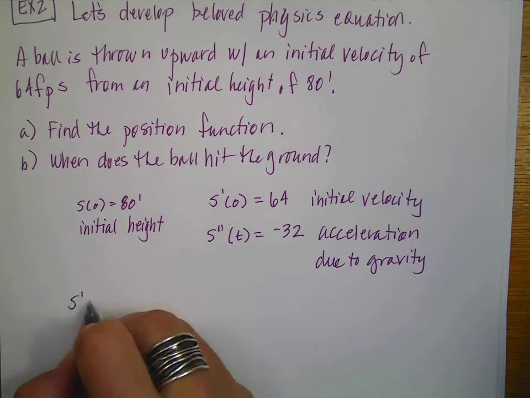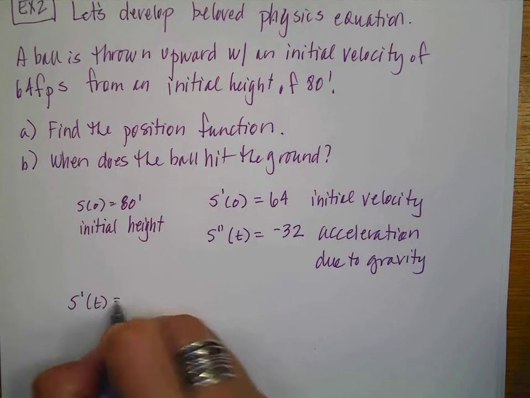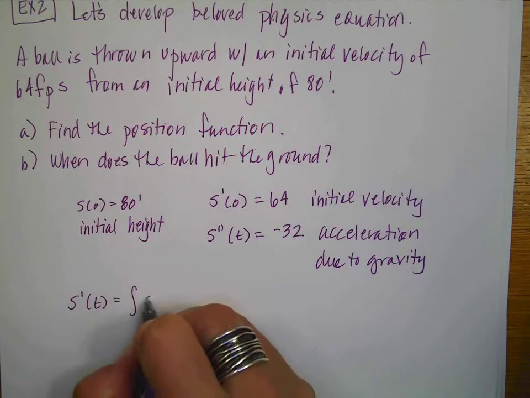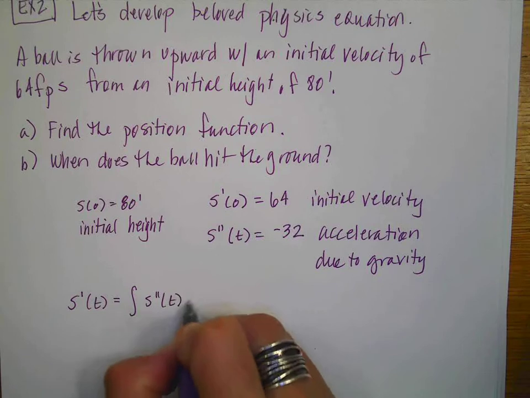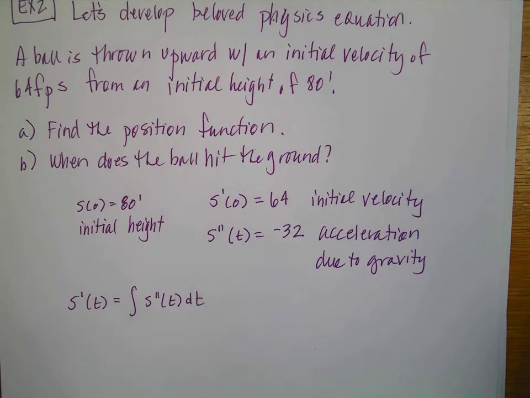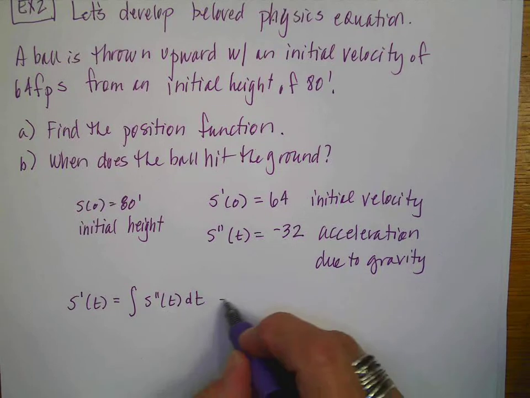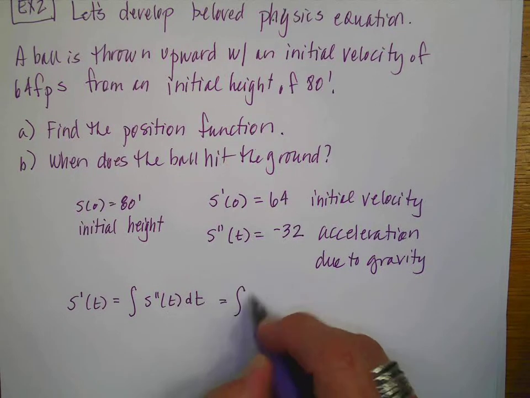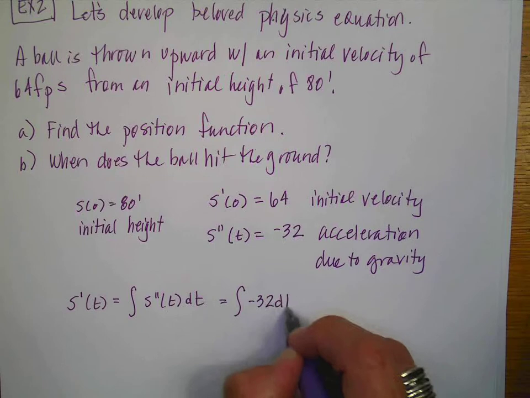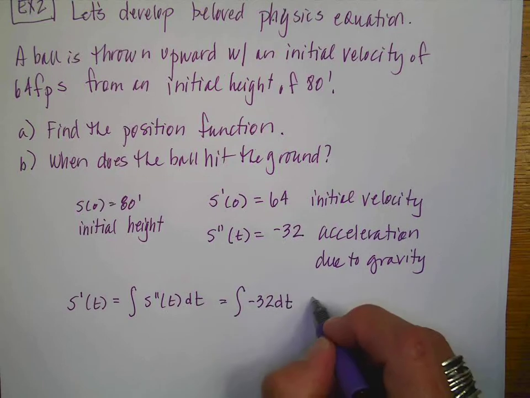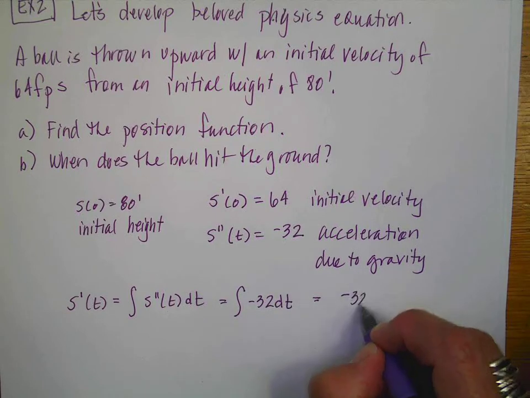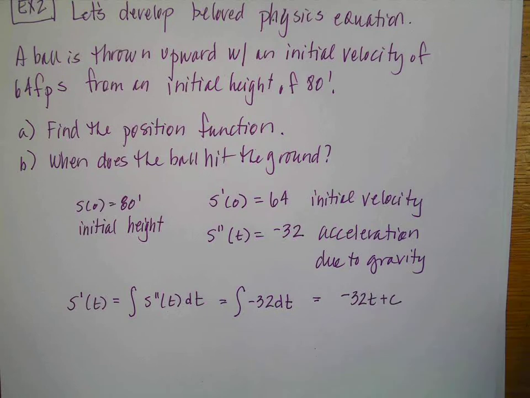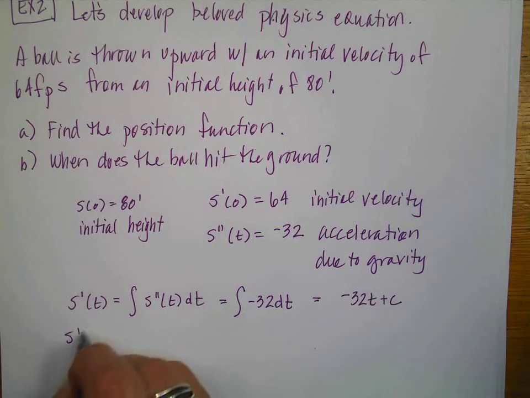So now I'm going to write an equation. I'm going to say that the velocity is going to equal the integral of acceleration dt. Okay? Alrighty, and I know that value, so I'm going to say that this is equal to the integral of negative 32 dt, and when I integrate, I'm going to get negative 32t plus c.